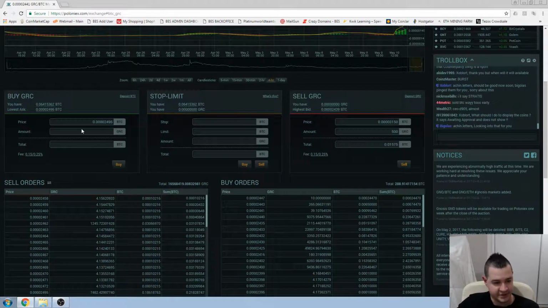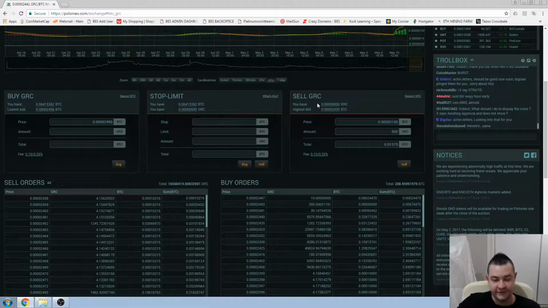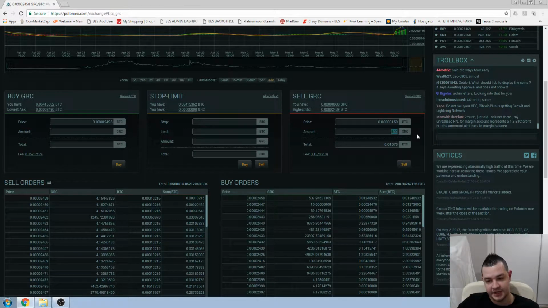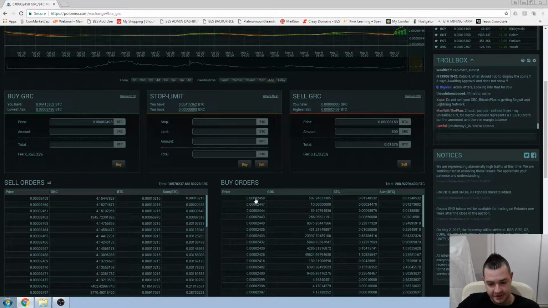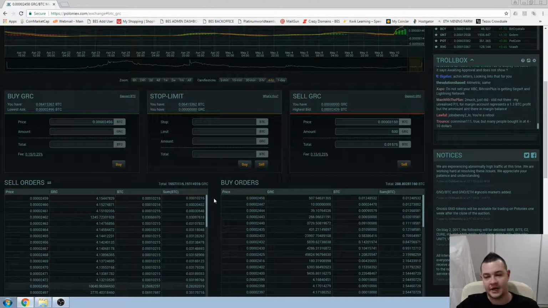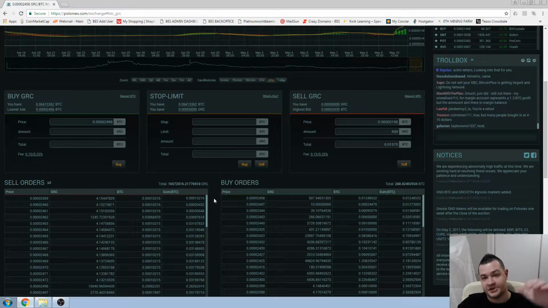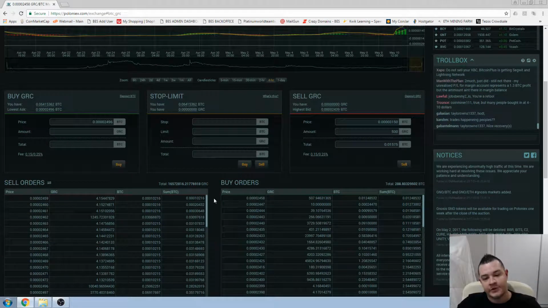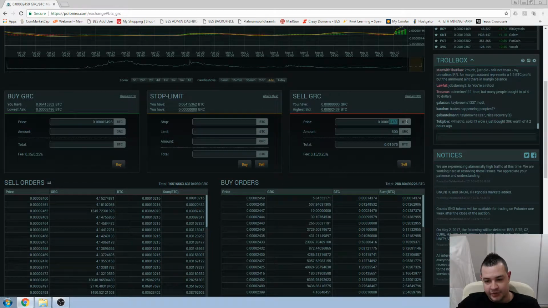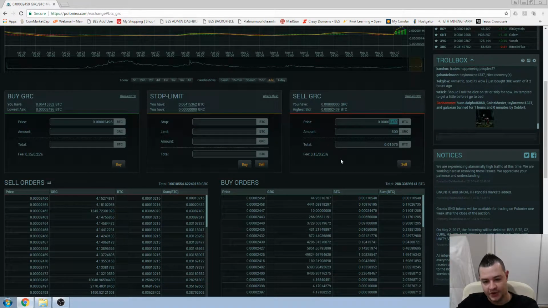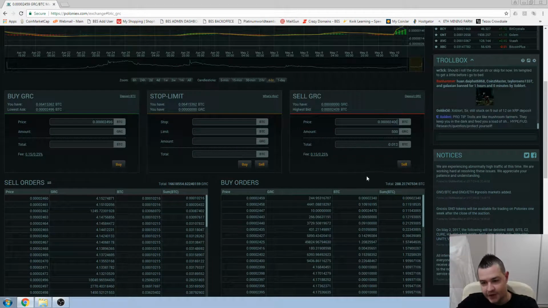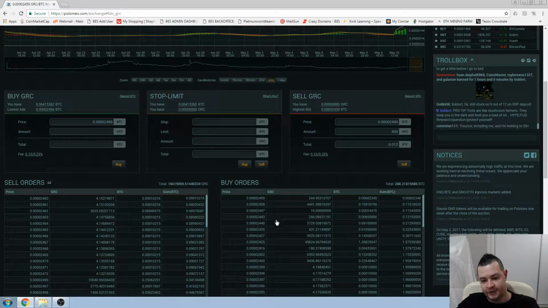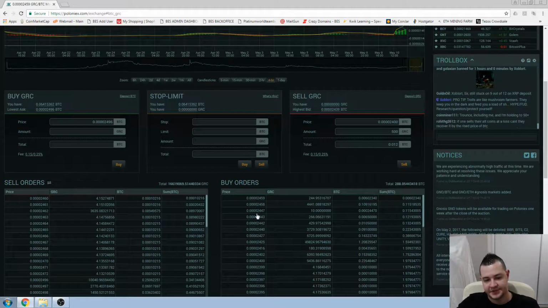So what that means is if you had the same 500 coins in here, right, and you wanted to offload them right now, you don't care, because price is coming down, you just want to get rid of them quickly. If you were to place a sell order at, say, 2400, it'll sell your coins down to that level at whatever the best rate is in the buy orders.